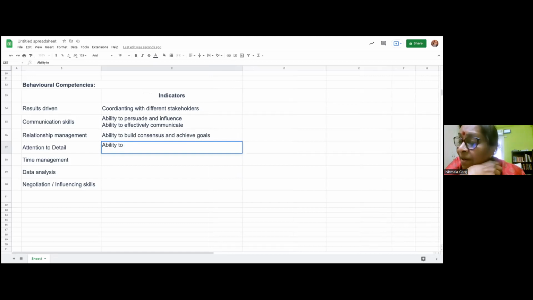When you have a competency like this, ability to see detail, that means ability to see even a small piece of information. Small piece of information. So ability to collect proactively all details to accomplish tasks.